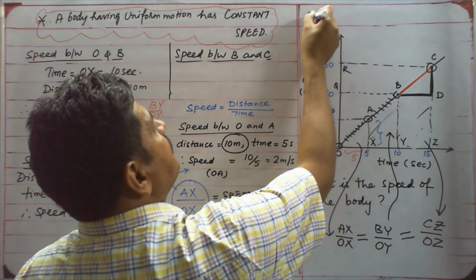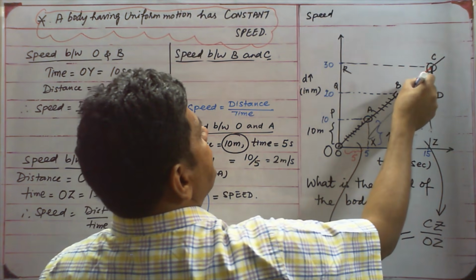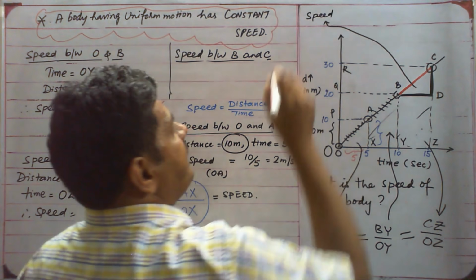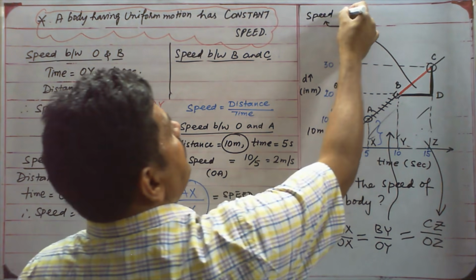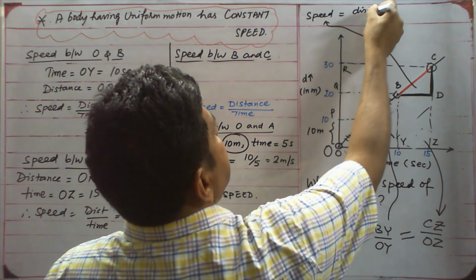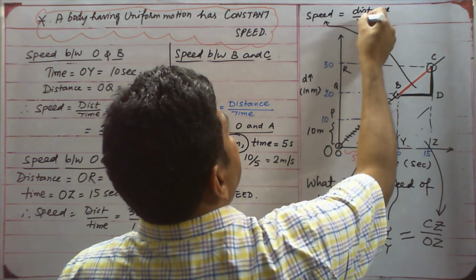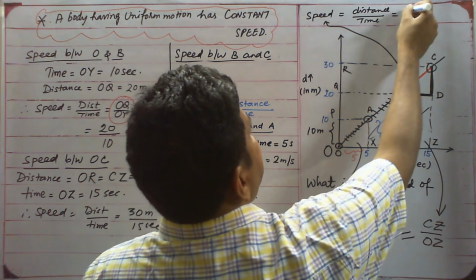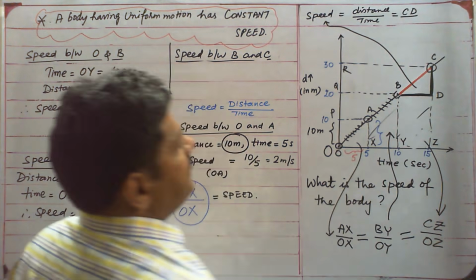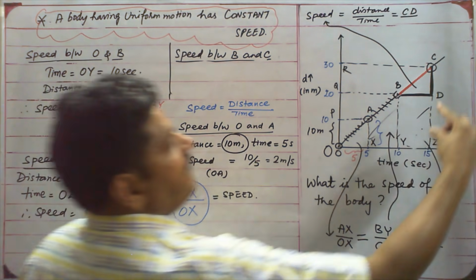Speed would be equal to distance upon time. Can we write distance as CD? If you look at this graph, CD is the distance traveled in this time.